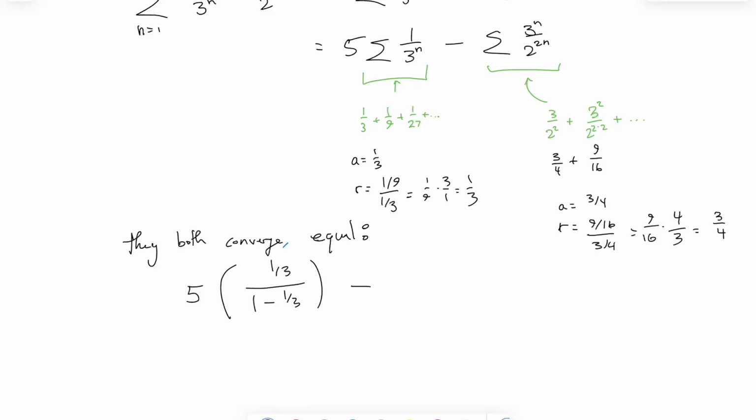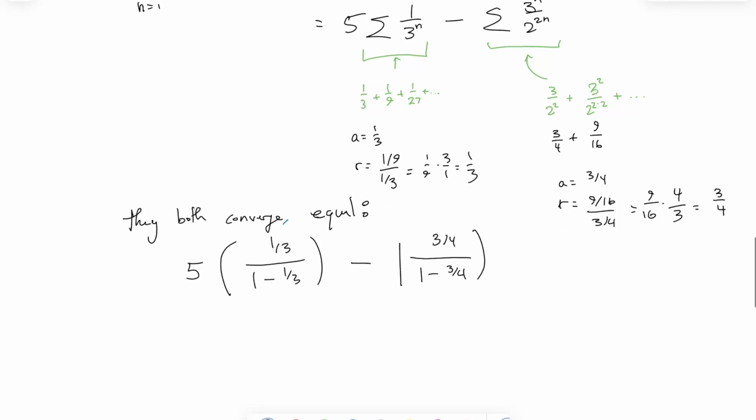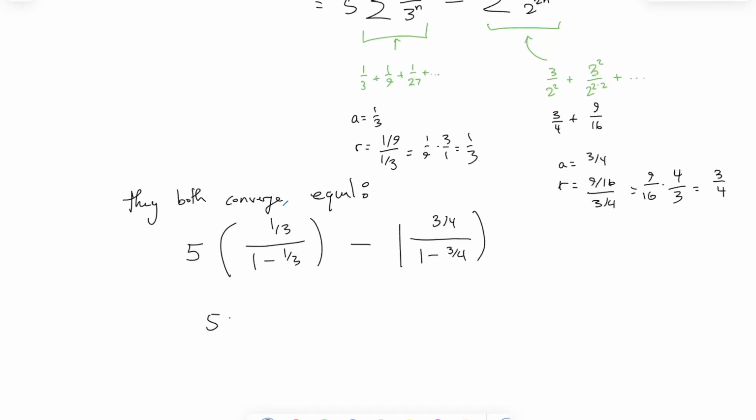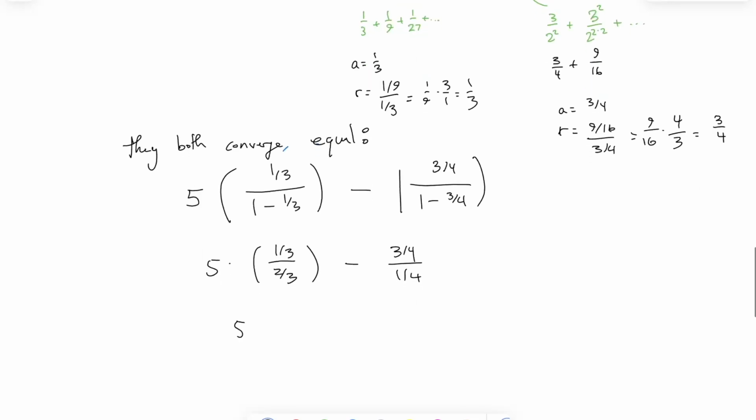And then the second one, a over 1 minus r: 3/4 over 1 minus 3/4. And this is the answer, whatever that is. If you want to simplify, this would be 5 times 1/3 over 2/3, which is a half, minus 3/4 over 1/4. So that's 5 times a half minus 3. Negative a half, I guess, if you want to go all the way with that.